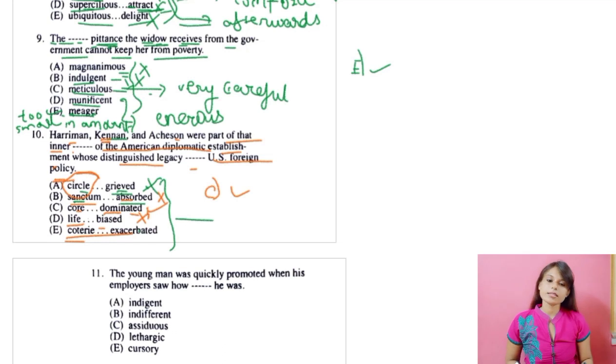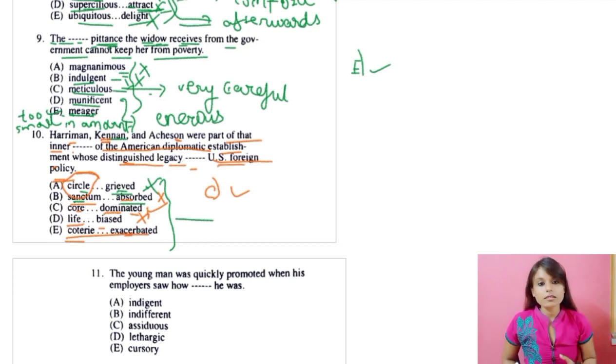In simple words, circle can be termed as group, and these three men were a part of that small group of people who were having the same kind of interests or tastes, and they were a part of this American diplomatic establishment whose distinguished legacy exacerbated US foreign policy.